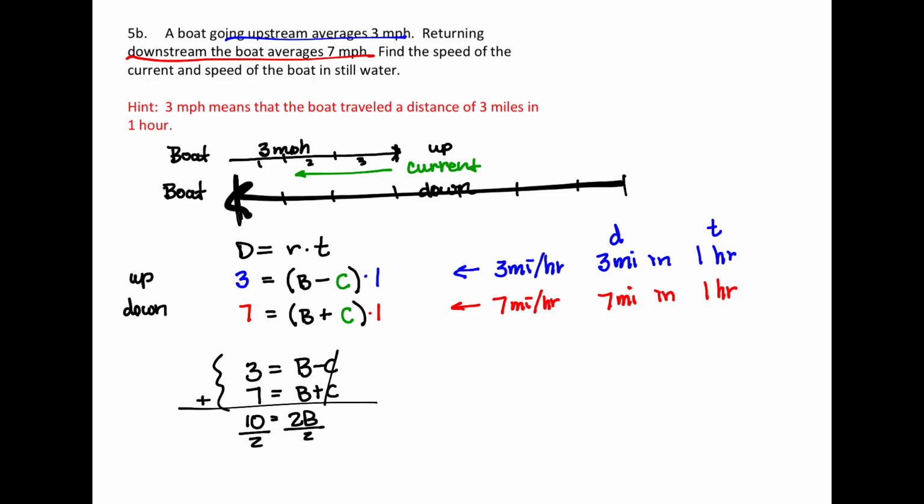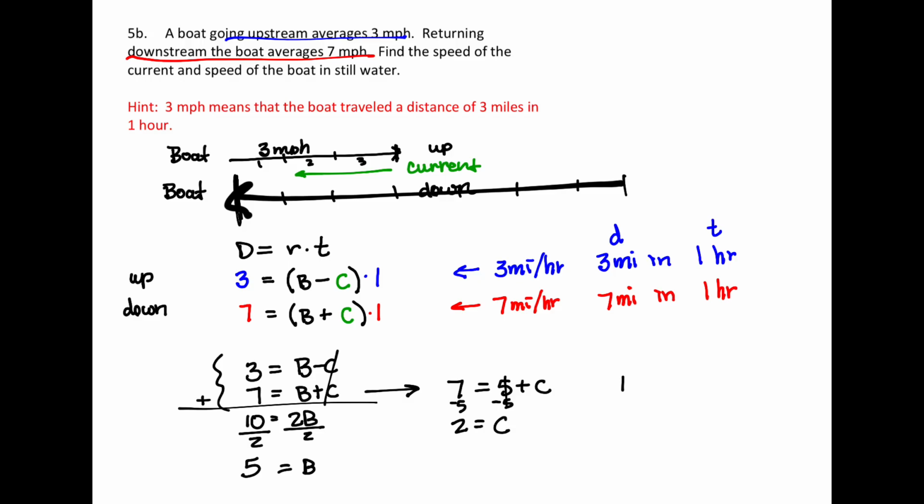Divide by 2, so b is 5. Substitute it into either equation that you would like. I'm going to choose the second one. So 7 is equal to 5 add c. If you can do it in your head, that's fine. But here's the algebraic work. We get 2 equals c.